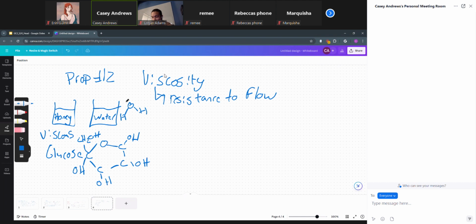Well, technically water can form 4, but glucose can form a lot more because it has a bunch of OH groups. And so when we think about viscosity, the stronger the intermolecular force, the higher the viscosity.